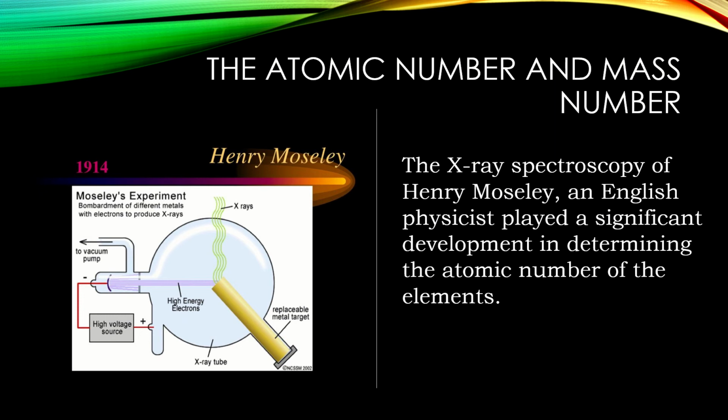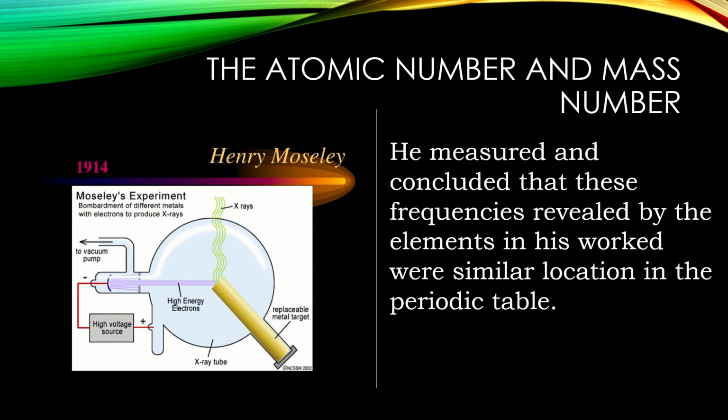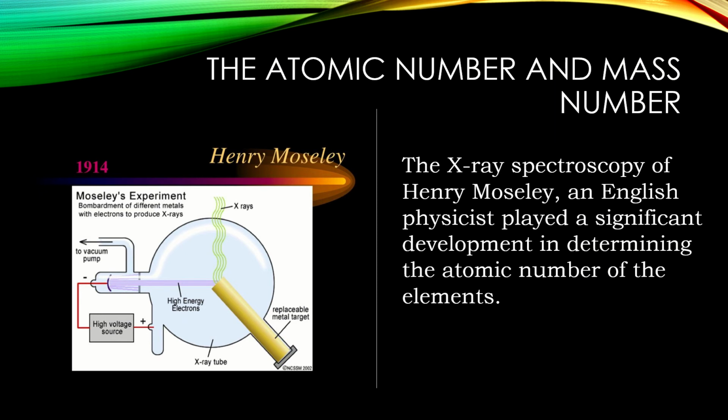Each element's atom has a characteristic number of protons in the nucleus. So this is the process of how Henry Moseley arranged the periodic elements by increasing atomic number, with the experiment of X-ray spectroscopy.